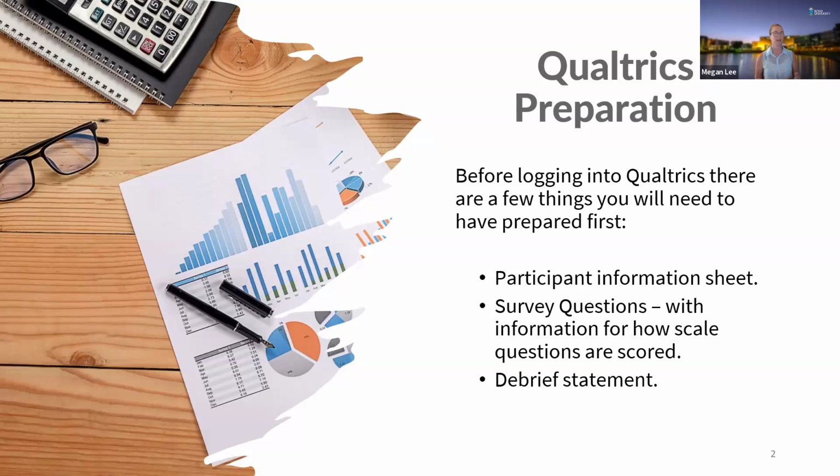Usually we find that giving the ethics committee the actual PDF of the Qualtrics program in our ethics application is better because they can see exactly what the participants will experience, which is what ethics wants to see. So usually this is all part of your ethics preparation, your ethics application.